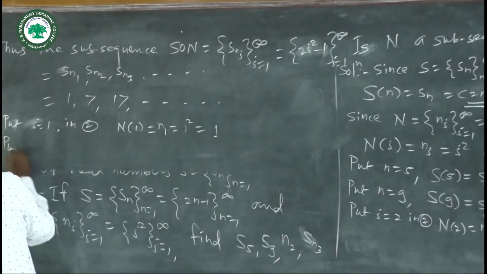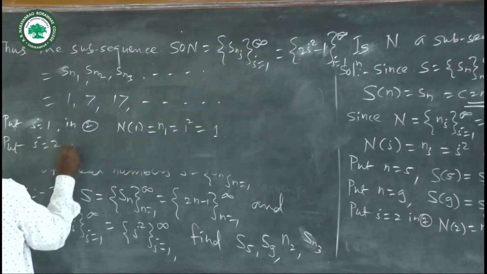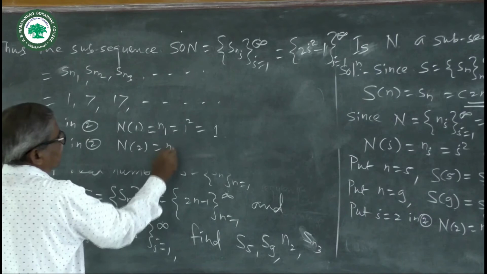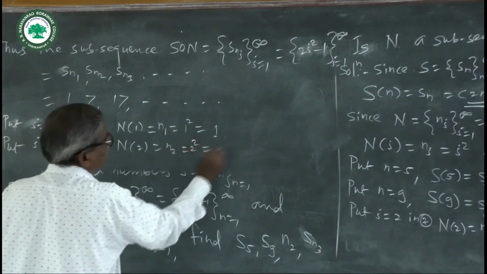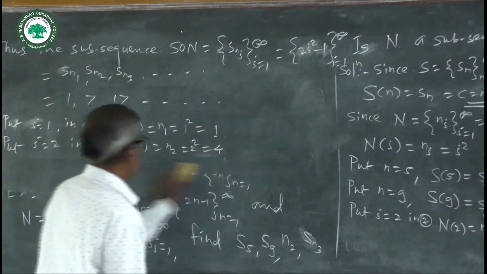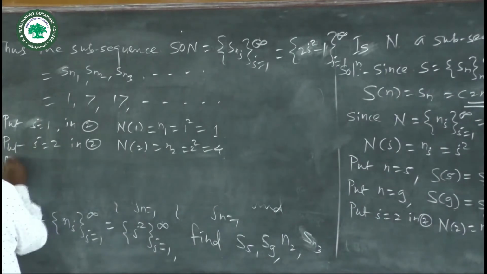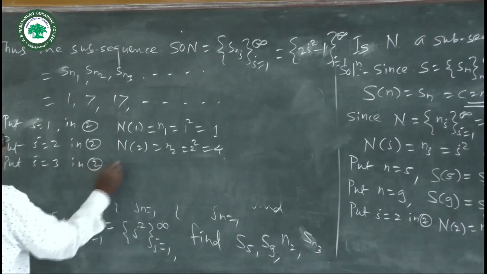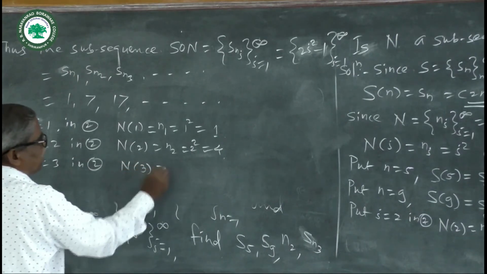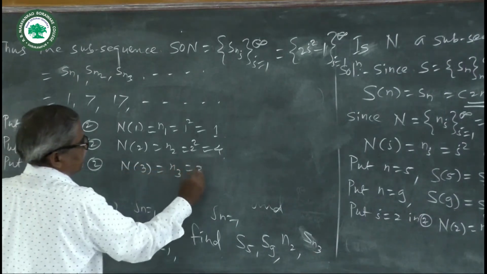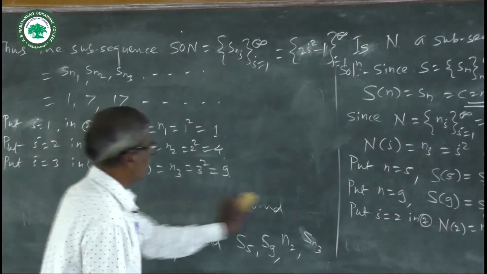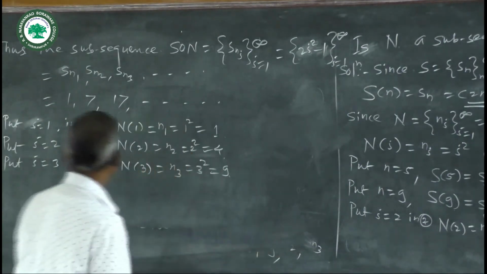Put i is equal to 2: N operates on 2 is n_2 is equal to 2 square is equal to 4. Put i is equal to 3: N operates on 3, n_3 is equal to 3 square, which is equal to 9, and so on.